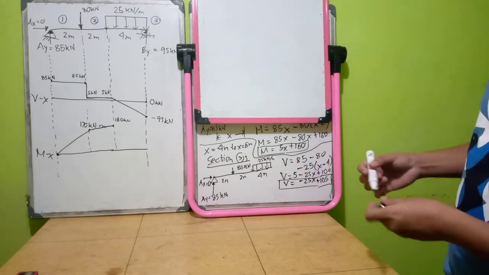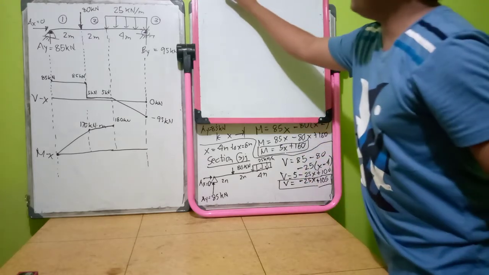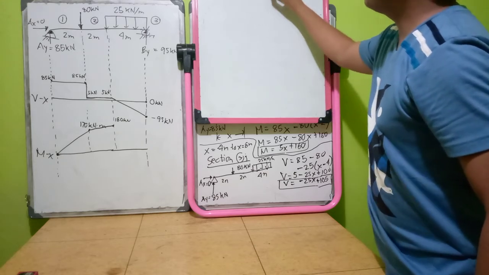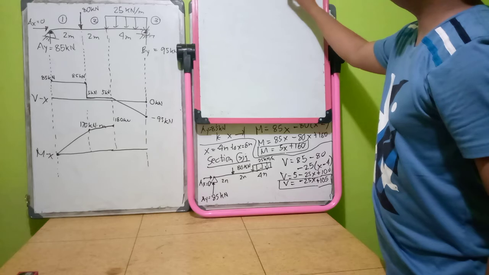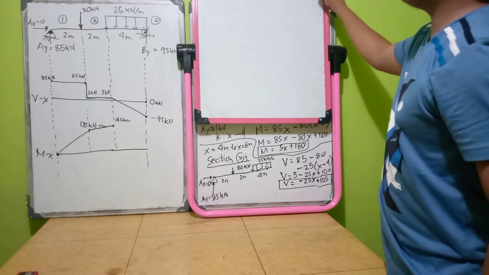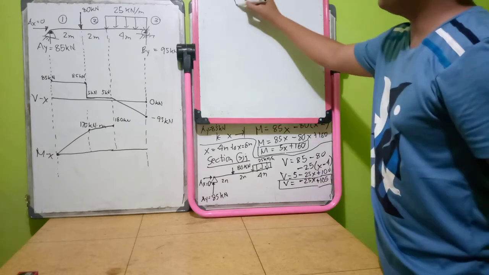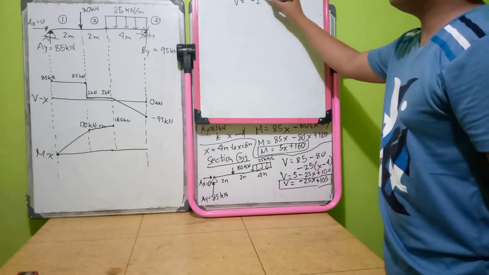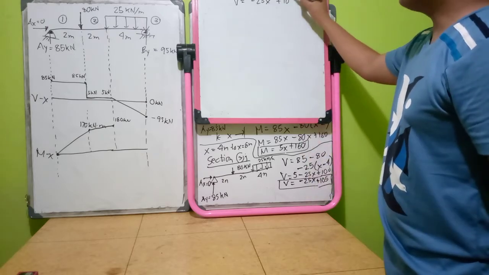So we have section 3. We know that section 3 is from x equals 4 to x equals 8. So we already know that your V is equivalent to negative 25x plus 105.